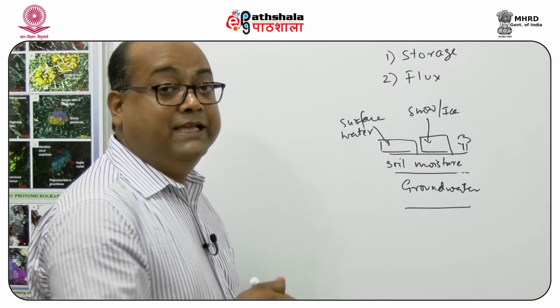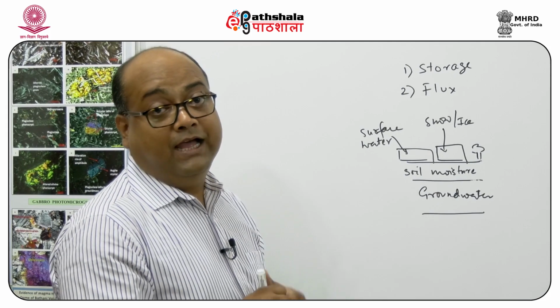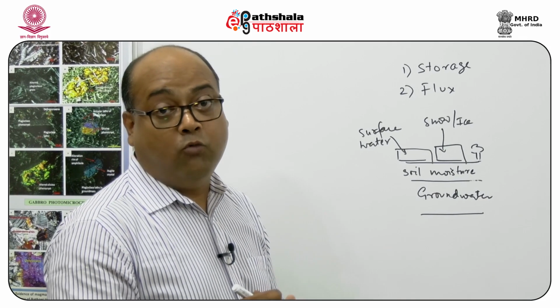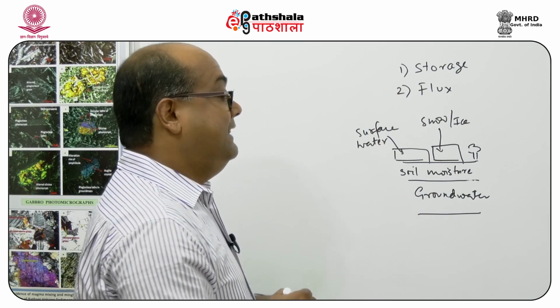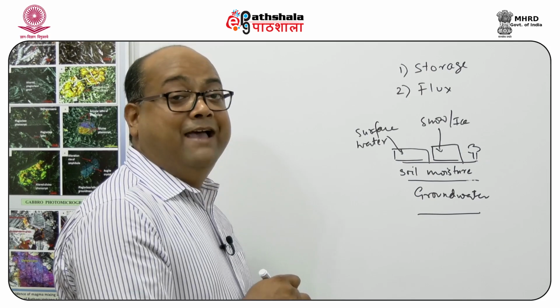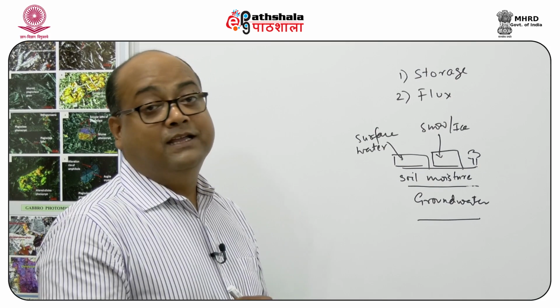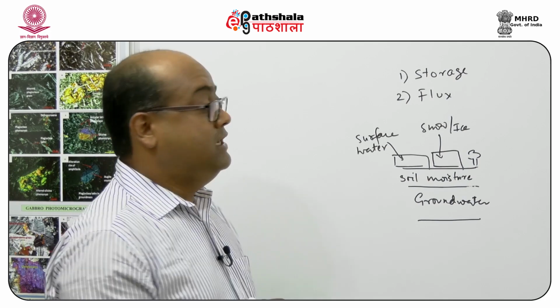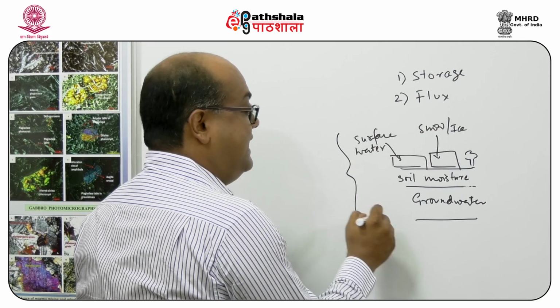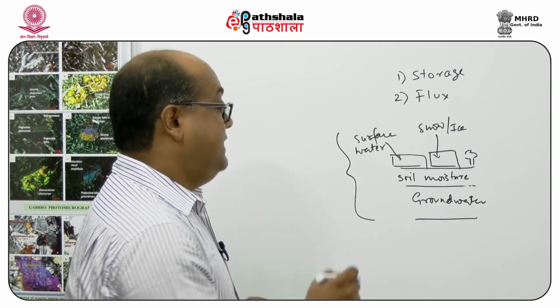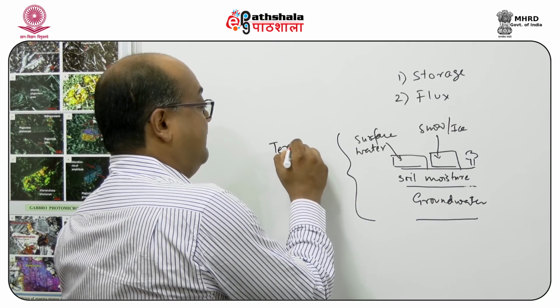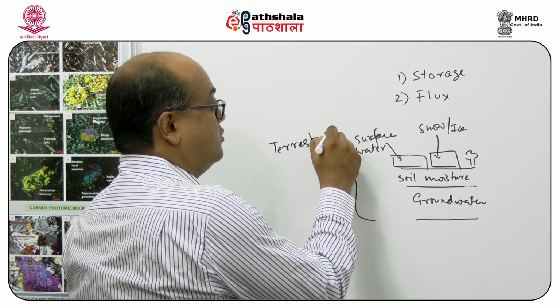There is snow and ice, particularly in the higher latitudes, which is a storage of water in the solid form. Then below the surface we have soil moisture, and below that we have groundwater.